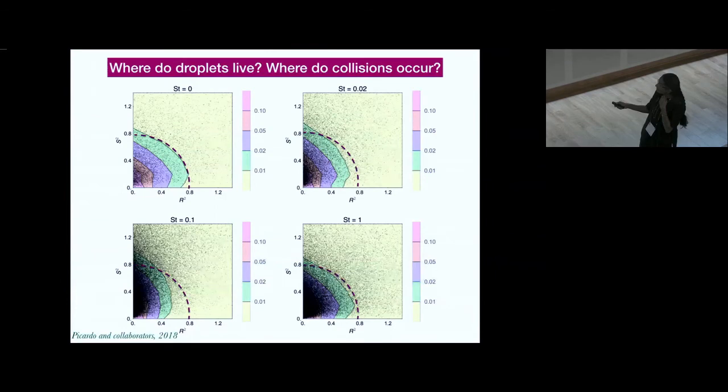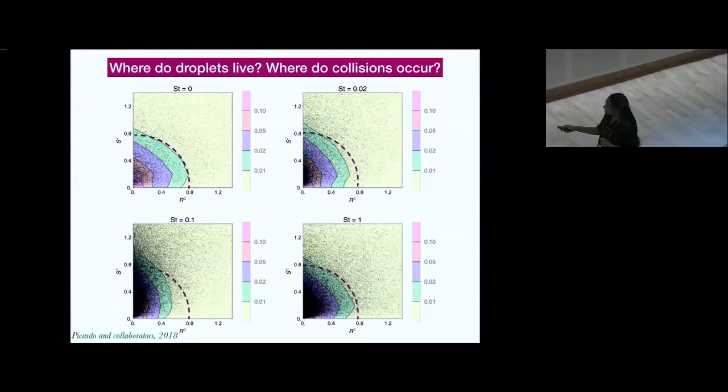So you're getting collisions in extremely high strain regions and in far more low rotation regions than where the particles live. So where particles live, even if they're clustered in R and S, is not the same as where they collide. Where they collide is in regions of higher S, lower R.